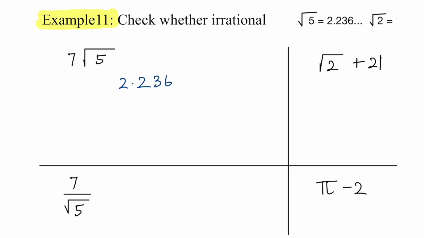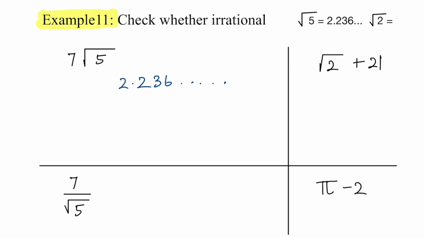We know that it is irrational and it is a non-terminating and non-repeating number. It doesn't terminate and also doesn't repeat itself, so it keeps on going. These are the first 3 decimal places of root 5. This is not the end of it, it keeps on going. So we know for sure root 5 is an irrational number.